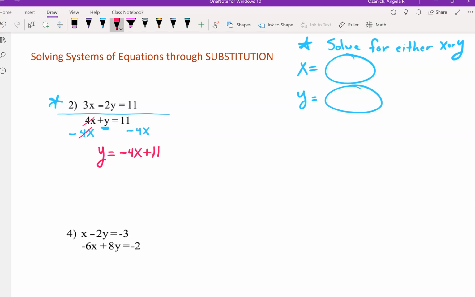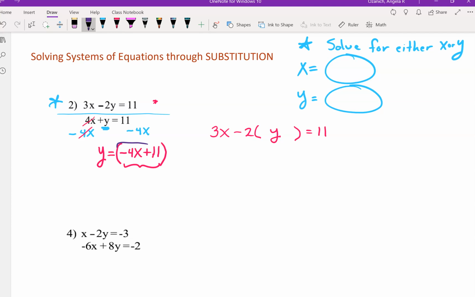Well, what I have done with this situation is I have created y equals stuff, this stuff, right? And because y is equal to this expression, my negative 4x plus 11, what I can do is grab my second equation. So this is what I'm going to do. I'm going to grab this second equation, 3x minus 2 times y, and in the place of y right here, you notice I made a really big spot because I am going to do a replacement.